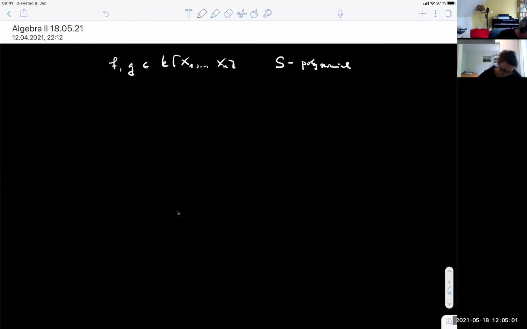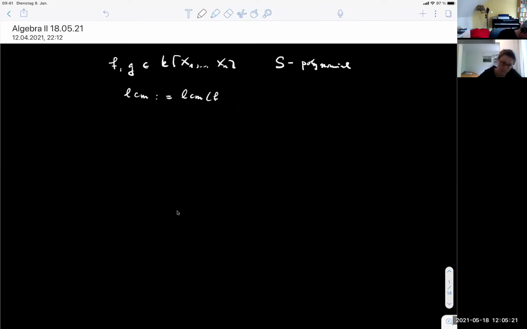The way to do this is as follows. Let LCM be the least common multiple of the leading terms of these polynomials.